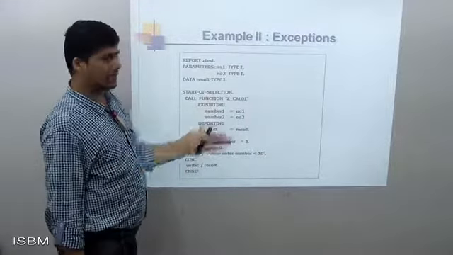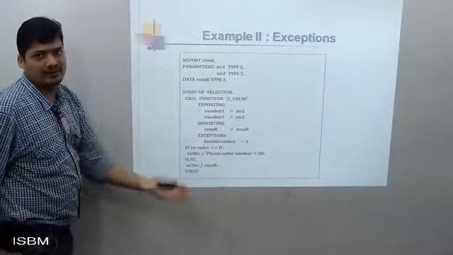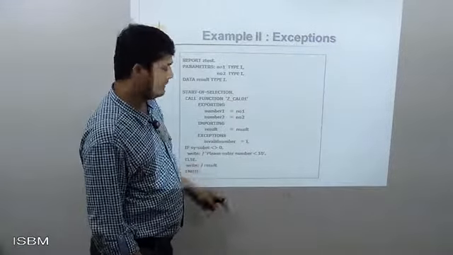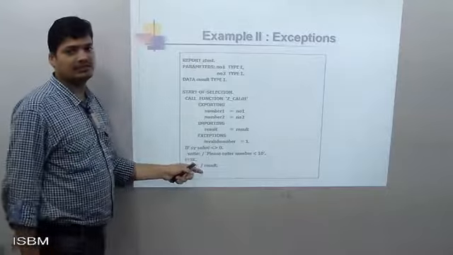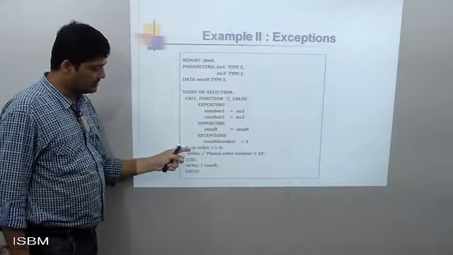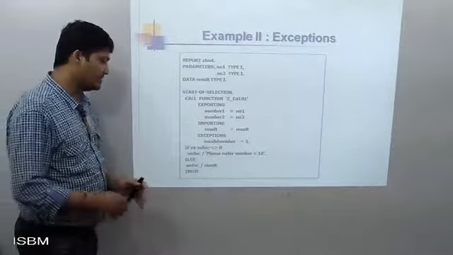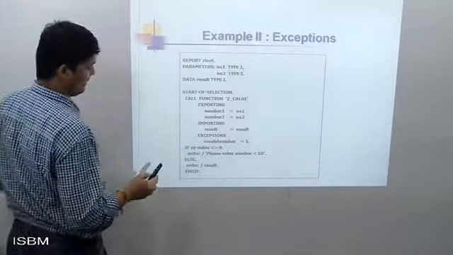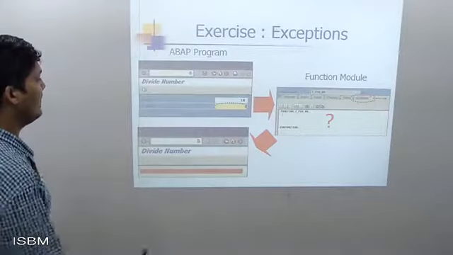Till 9 I require. I do not want to go beyond 9. So please enter number less than 10, and then the result over here. If the condition is not satisfied, then this information message. If the condition has been satisfied, then the result directly. No need to write anything else. Then the exceptions over here.